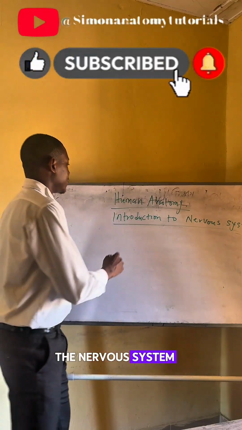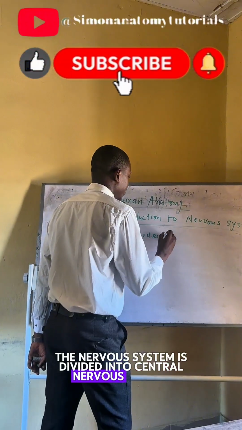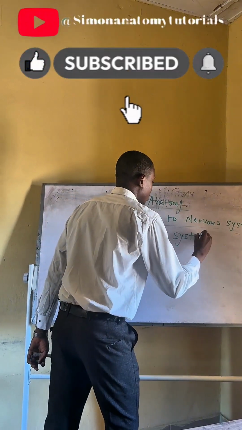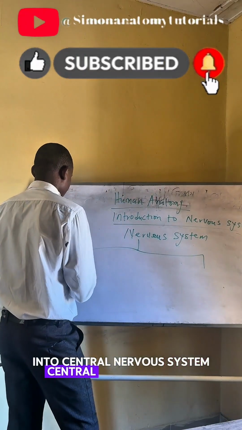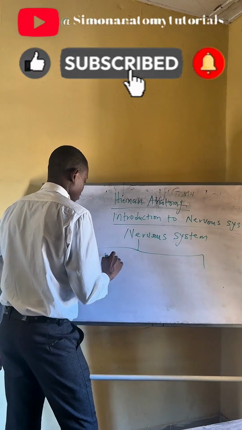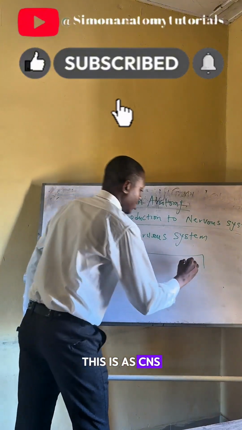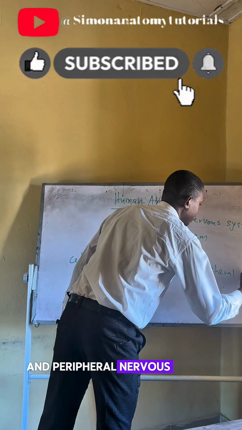The nervous system is divided into the central nervous system, which is the CNS, and the peripheral nervous system.